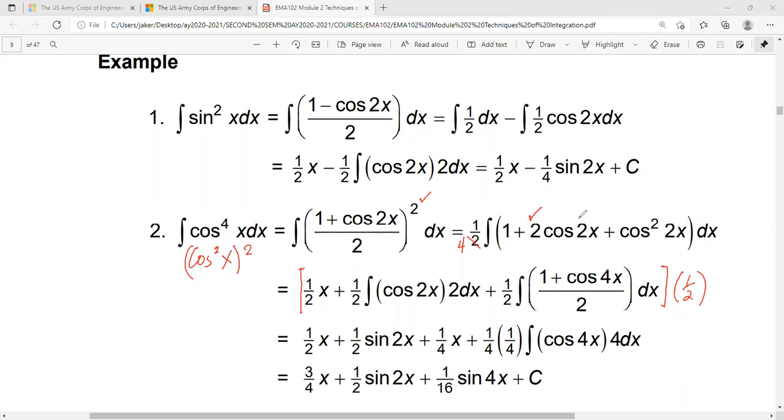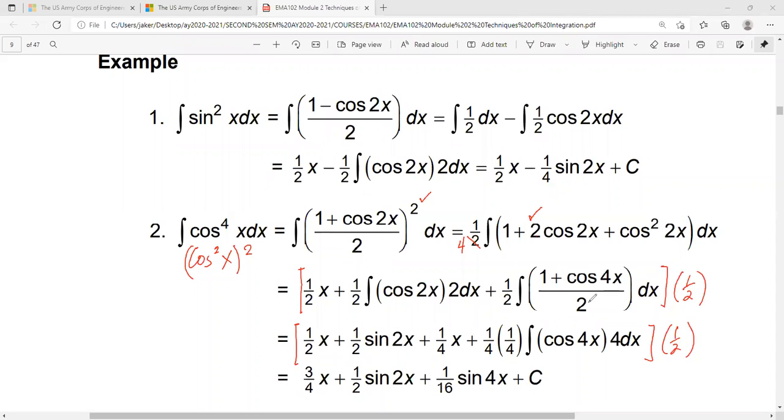This is actually part of the derivative of the 2x, which is 2 dx. So you will yield here the sine of 2x. Okay, so the integral of this will be the sine of 2x. So this will also be multiplied by, again, 1/2. Okay, because we're answering already.